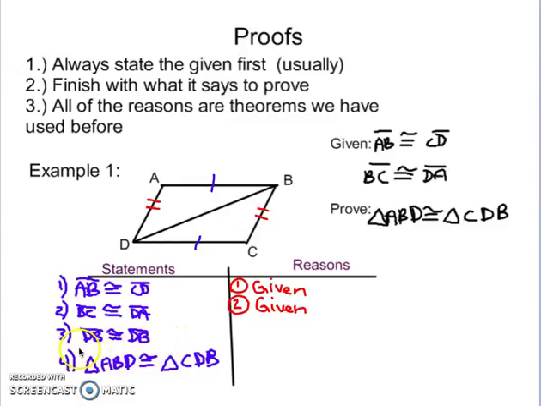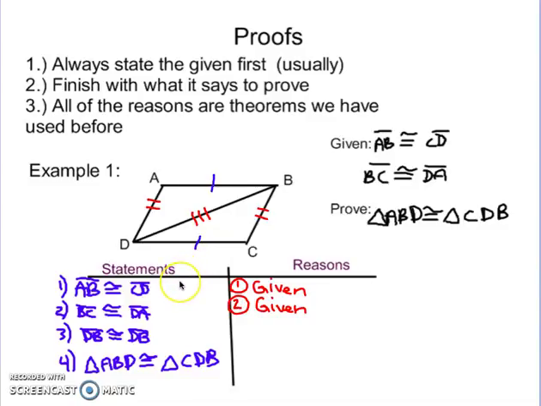For the third statement, it states that segment DB is congruent to segment DB, which we can see right here is segment DB, and it's saying that it's congruent to itself. So I'm going to mark that on here. Segment DB is congruent to segment DB. So we can see we have two triangles, and this segment is congruent on both triangles. And we call that the reflexive property.